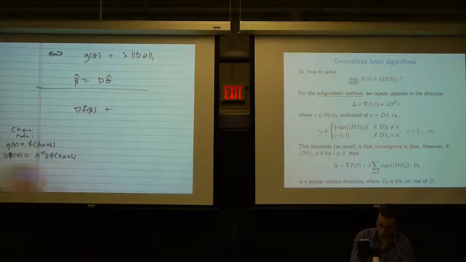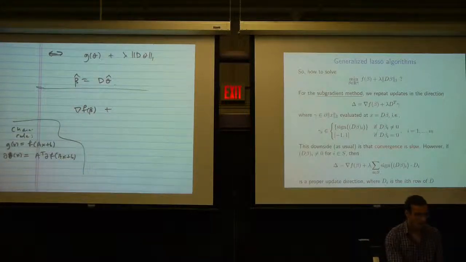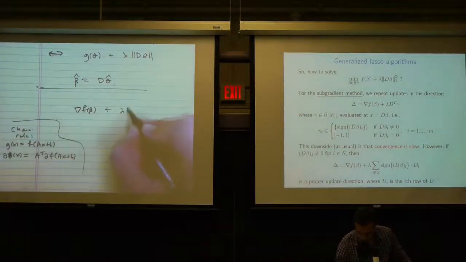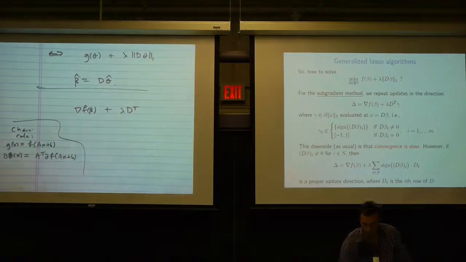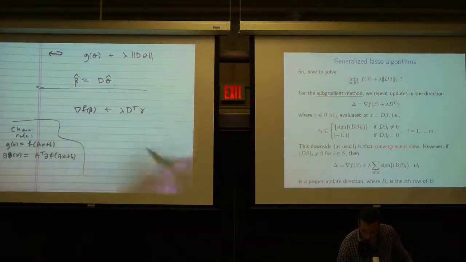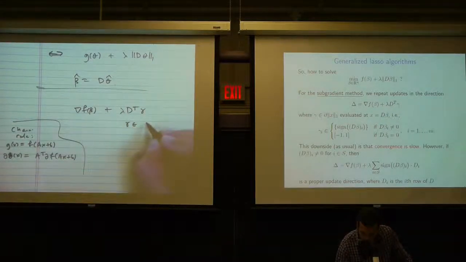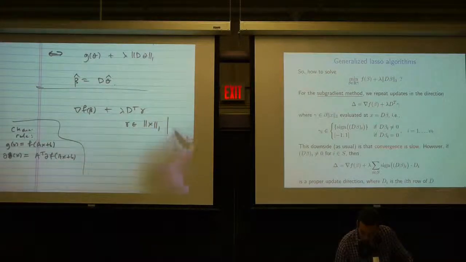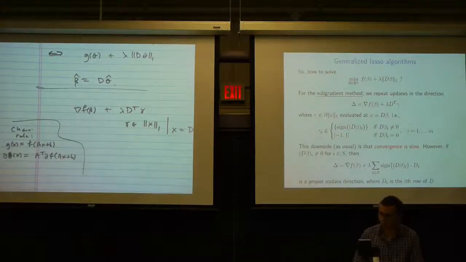Okay, so you should always remember that one. That one's going to be very useful. It's our version of the chain rule for subgradients. So it's like saying that subgradients of this guy are like lambda times D transpose times some subgradient gamma, where gamma is a subgradient of the L1 norm of x evaluated at x equals D times beta.